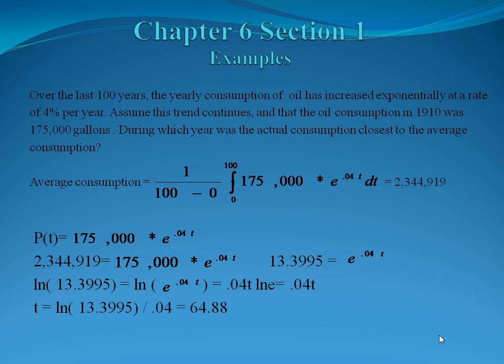Remember, we started measuring the consumption in 1910, so we add this number to 1910, and we get 1974.88. So that means that during 1974 is when we actually equaled that 2,344,919 gallons of oil. So that's the year when the actual consumption was closest to the average consumption.